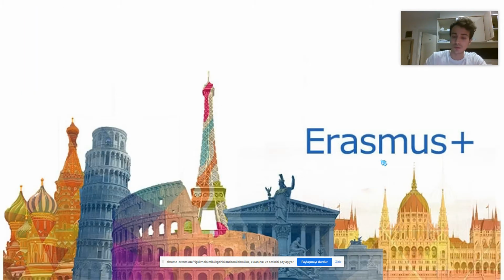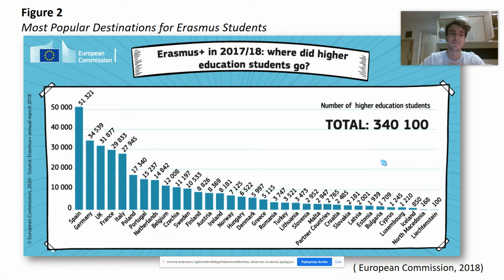Let me move on to the next graph, Figure 2, whose title is Most Popular Destination for Erasmus Students. It was also created by the European Commission, but one year later, in 2018.